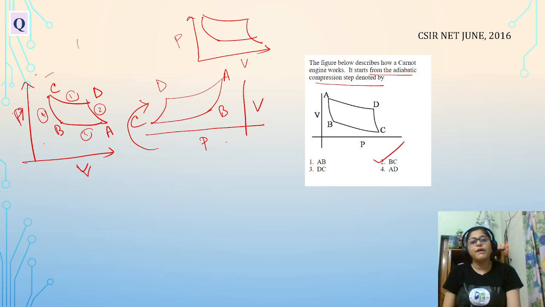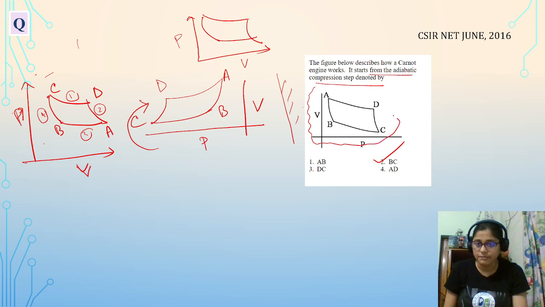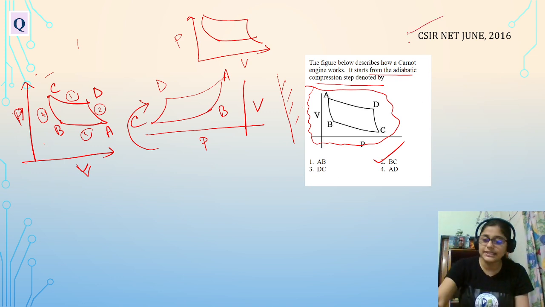You have understood: first take the mirror image, then rotate it so that you get the PV graph. Whenever a question on the Carnot engine asks you to compare steps, first see what versus what is given. This kind of question was asked in CSIR-NET June 2016.